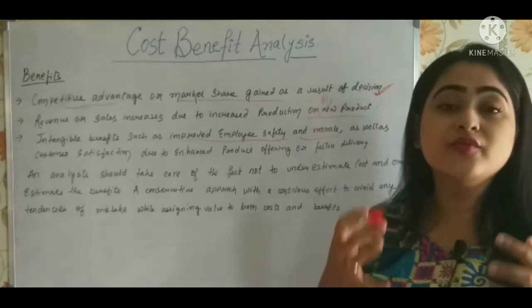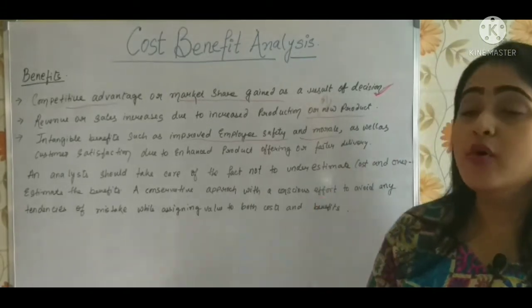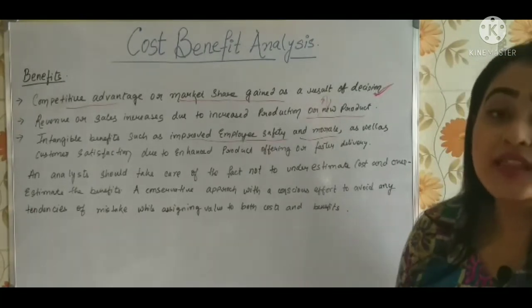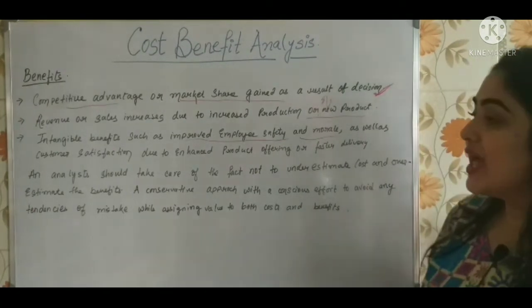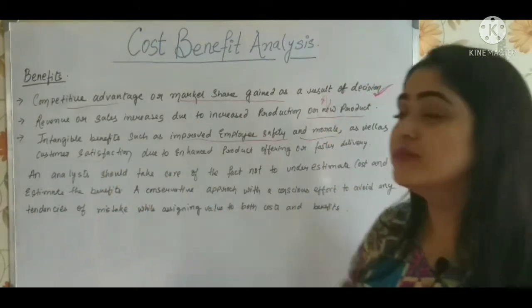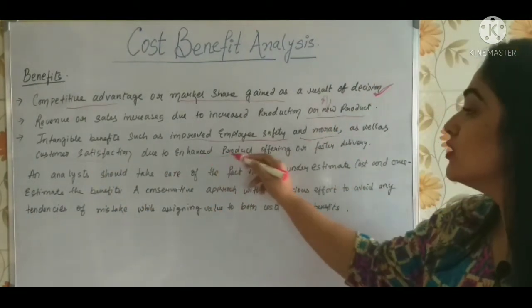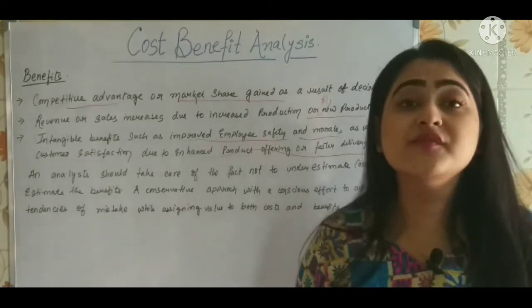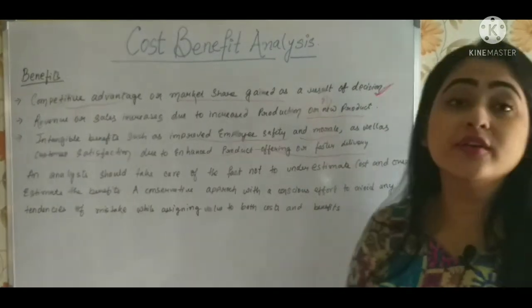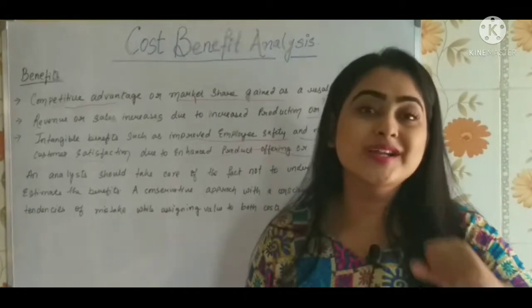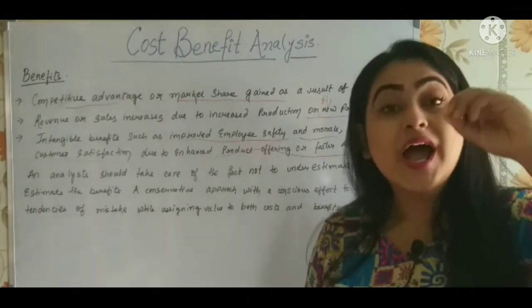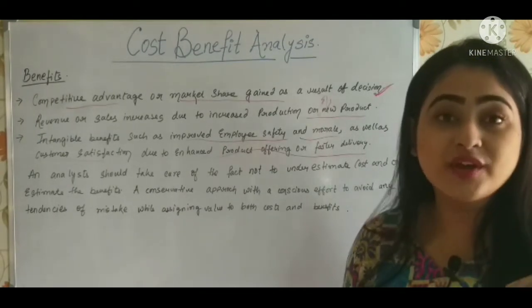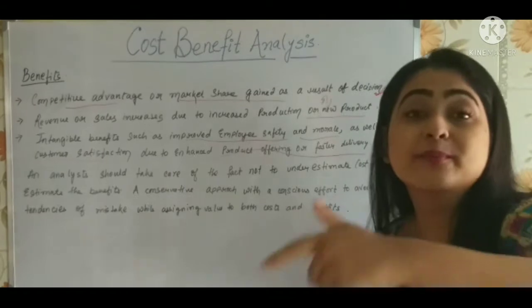When there is an improvement in employee safety or morale, what are the benefits that the company is getting? That should be calculated. As well as customer satisfaction due to enhanced product offering or faster delivery. When the company is giving faster delivery, enhanced product offering, better quality products, the customers are getting satisfied. So the value should be assigned on that also: on customer satisfaction, on better employee morale, on better employee safety.